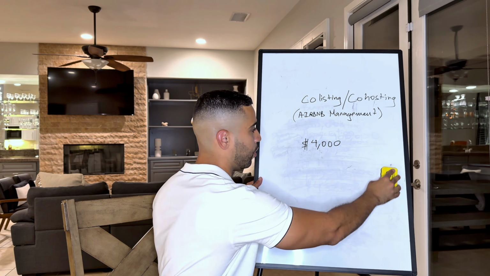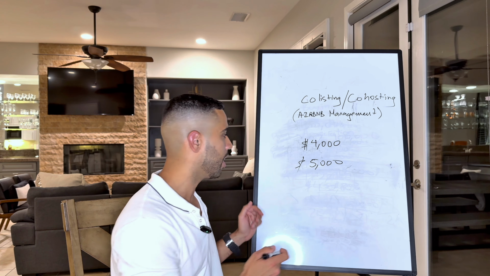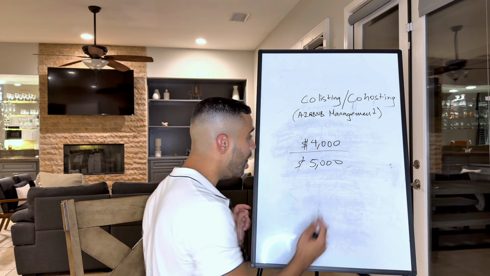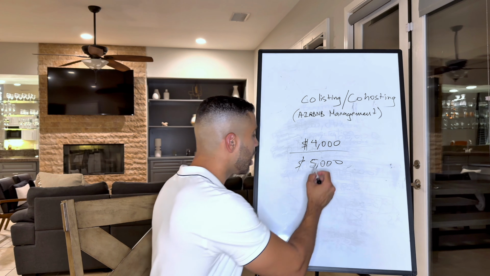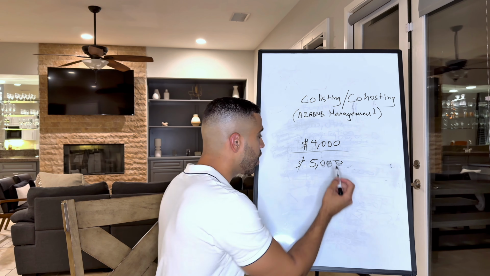You were able to get them $5,000, which if you follow the steps at all, you'll be generating at least $5,000 a month for this client. If, worst case scenario, you get $5,000, 20% of that, you still make $1,000 and they still made their $4,000.